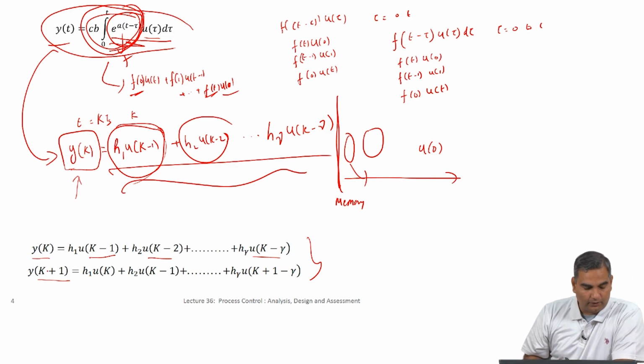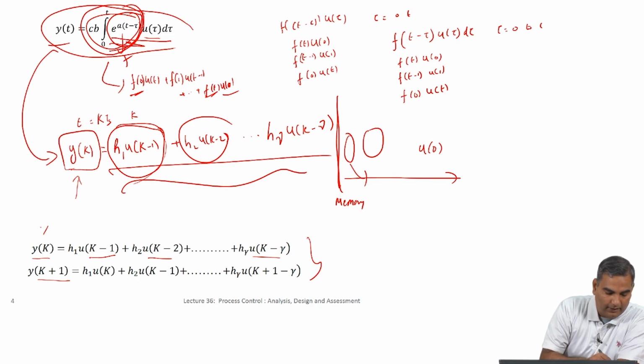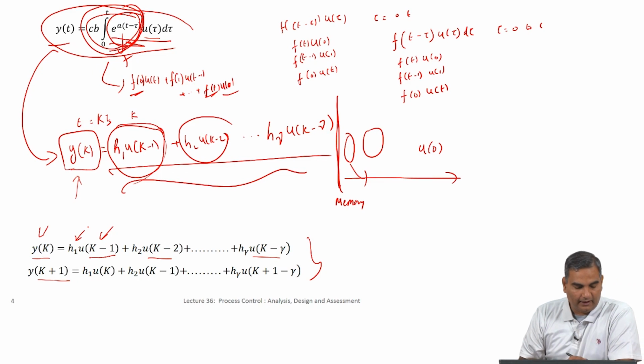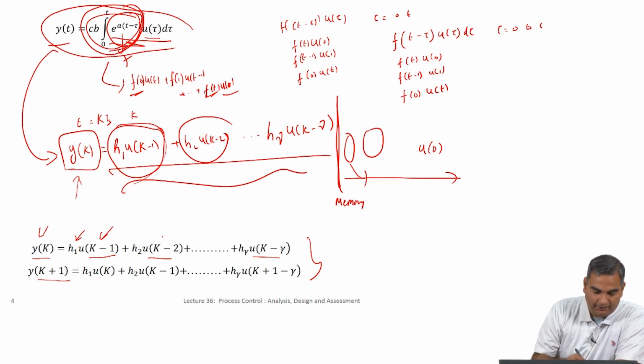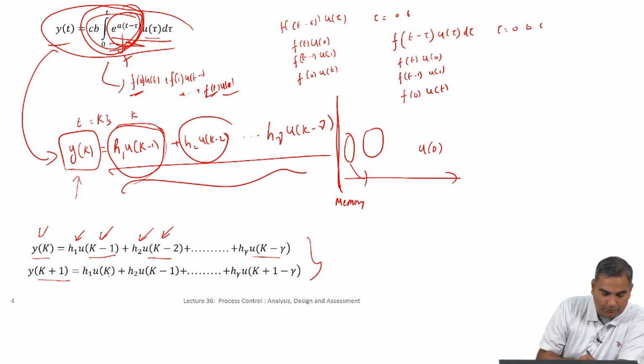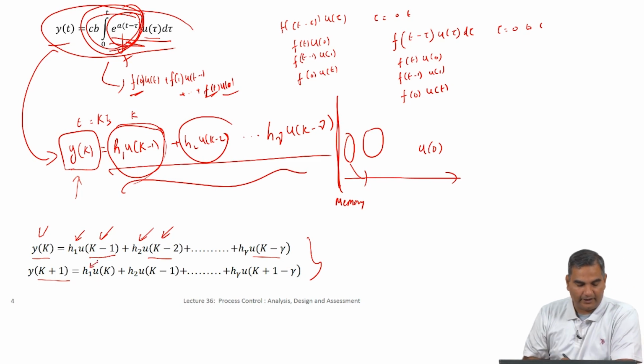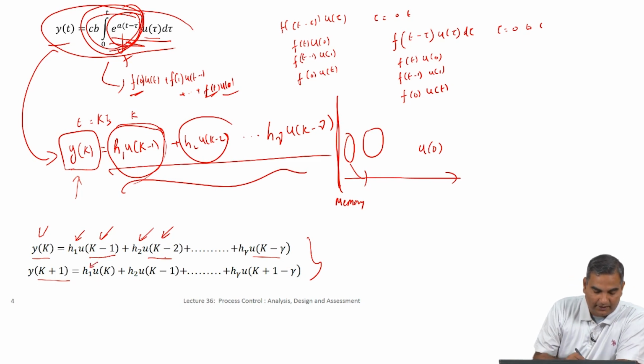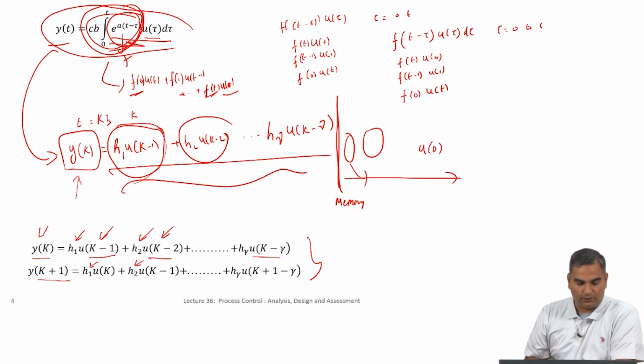The second thing you want to look at is, when I do k, the immediate past input k minus 1 I weight by h1, and the next past input I weight by h2 and so on. And if you look at this equation, the same thing will happen. The immediate past input, which is u k in this case, because this is k plus 1, is being weighted by h1. The next past input, which is k minus 1 in this case, is weighted by h2 and so on.